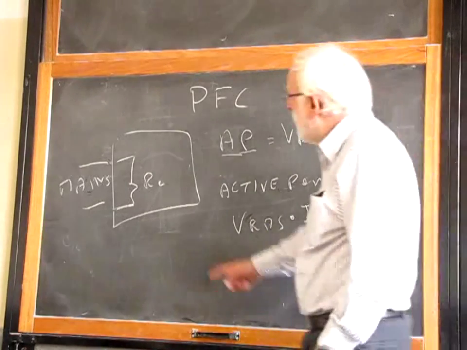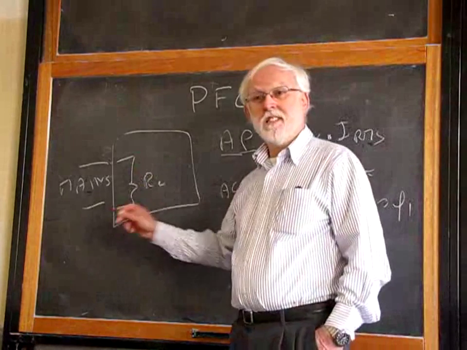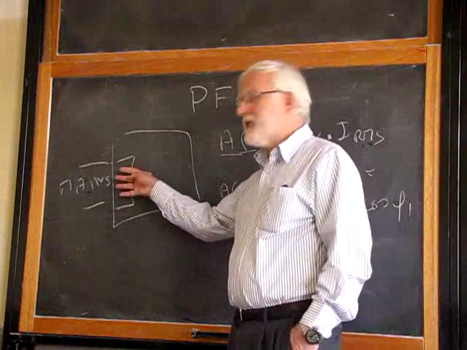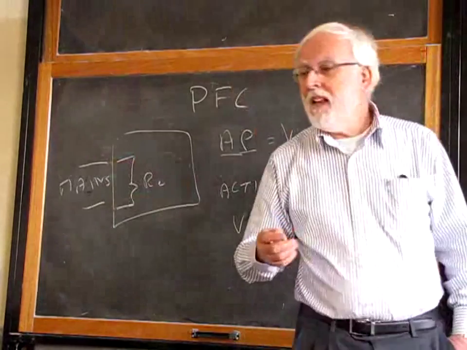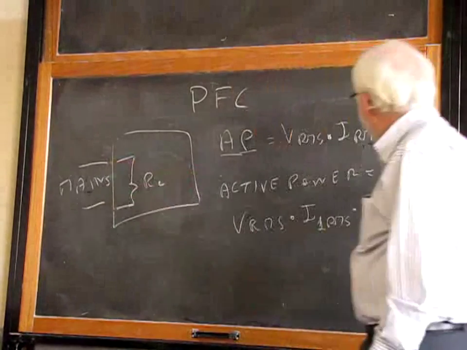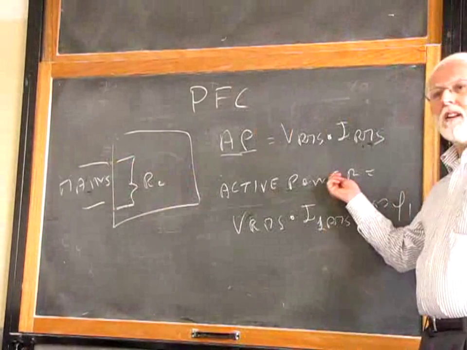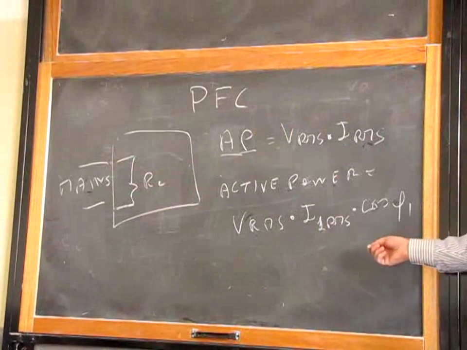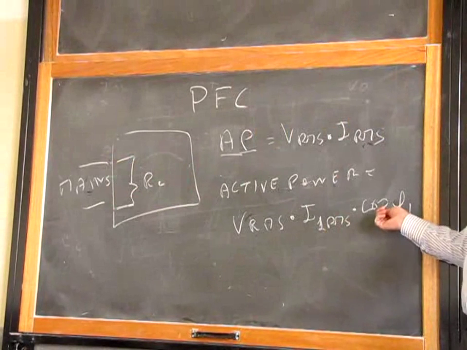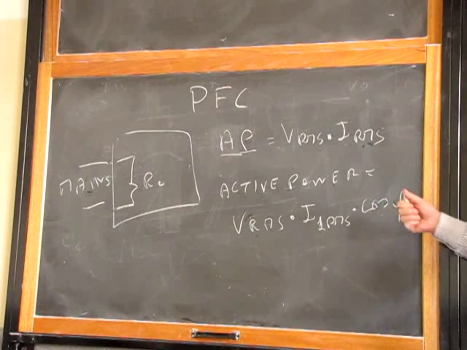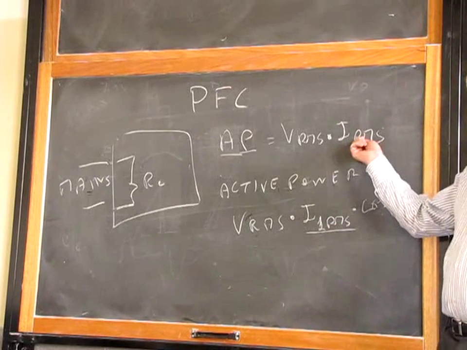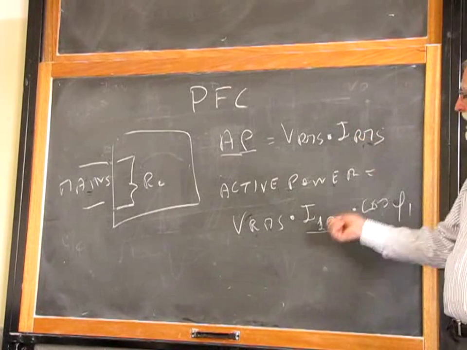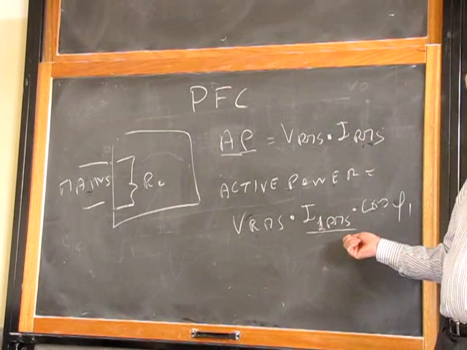If our load looks like a resistance, the active power is equal to the apparent power, because the cosine of phi is 1: in a resistor the voltage and current are in phase, and there are no harmonics. So the total RMS current is just given by the first harmonic RMS current.